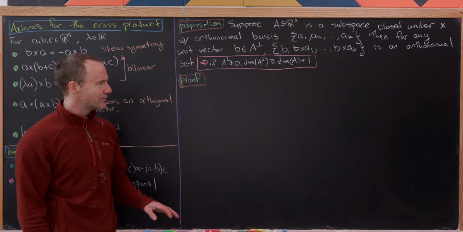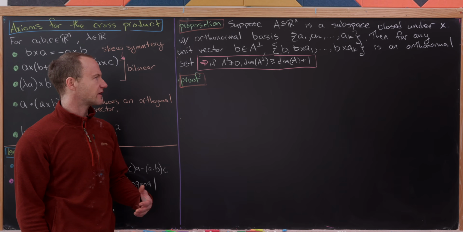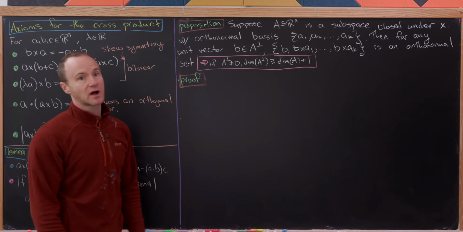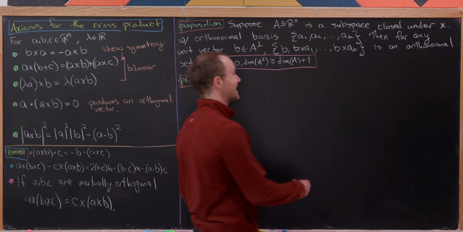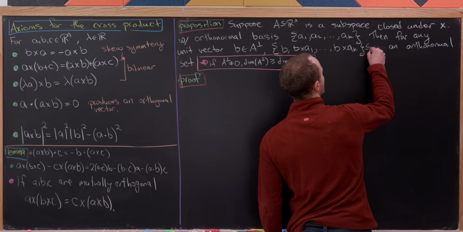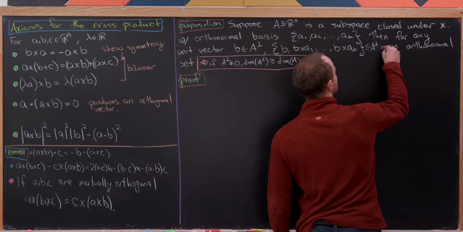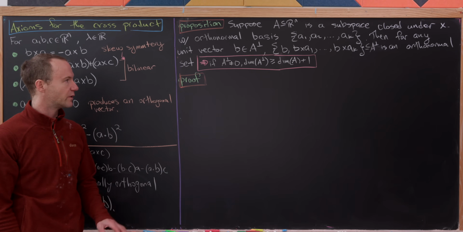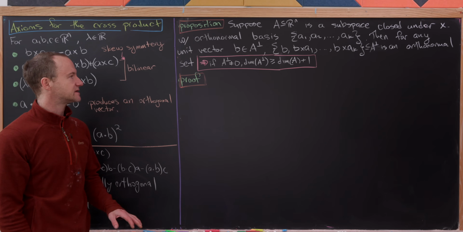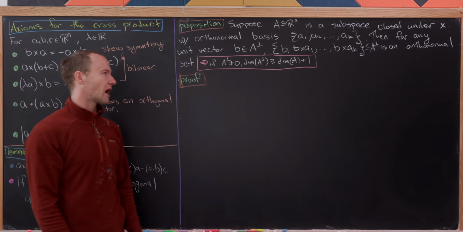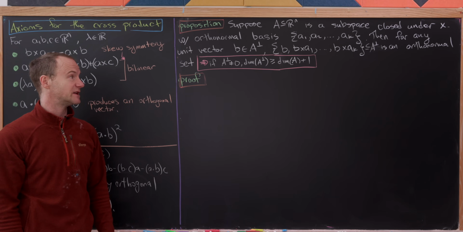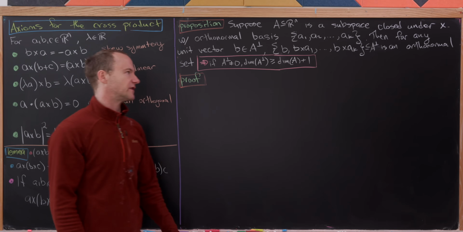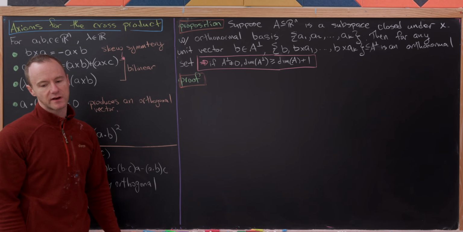But if we've got k plus 1 vectors that are linearly independent inside of an orthogonal complement, I guess I should be careful to point out that these are in the orthogonal complement of A. That'll follow pretty quickly from our last result, but we will prove it. Then that means that the dimension of the orthogonal complement of A is bigger than or equal to the dimension of A plus 1. Because, well, that might not be all of the orthogonal complement, but that's k plus 1 vectors.